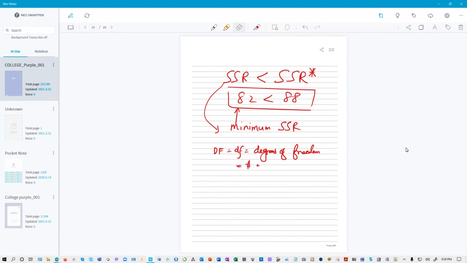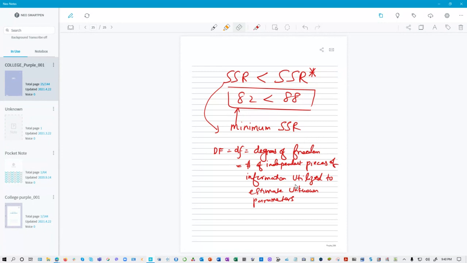Degrees of freedom means the number of independent pieces of information utilized to estimate unknown parameters. You remember you have parameters in the population setting, and those are to be estimated.